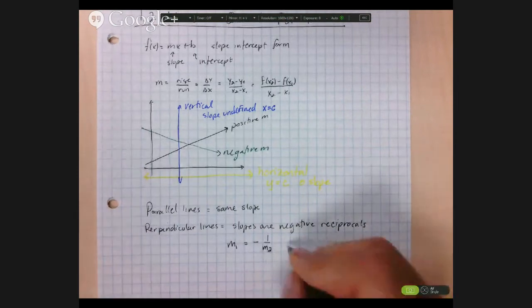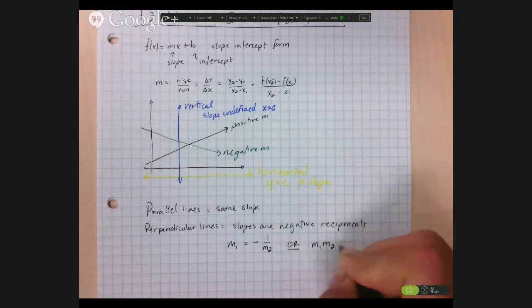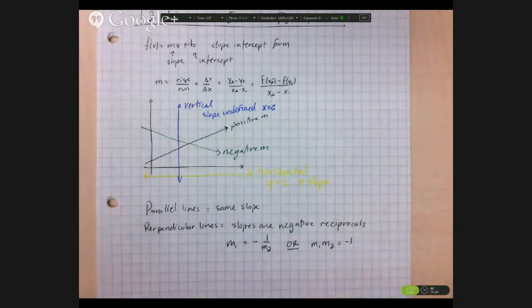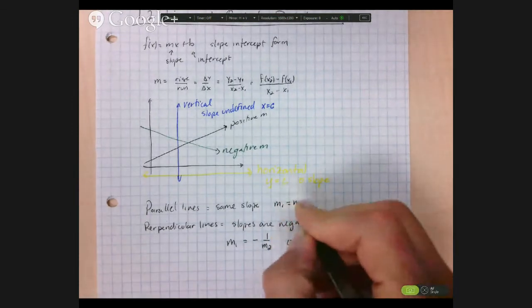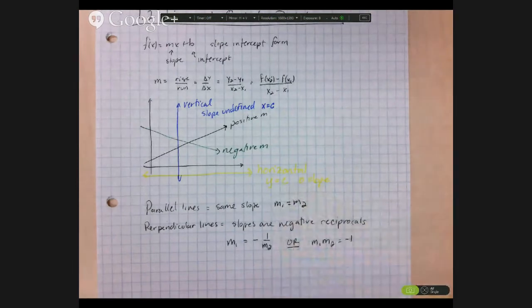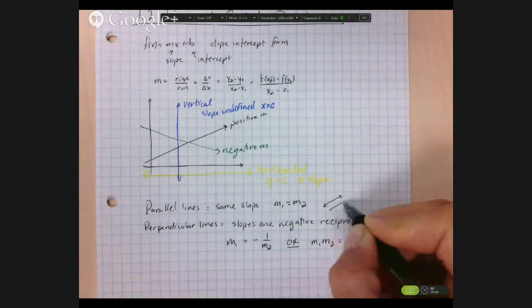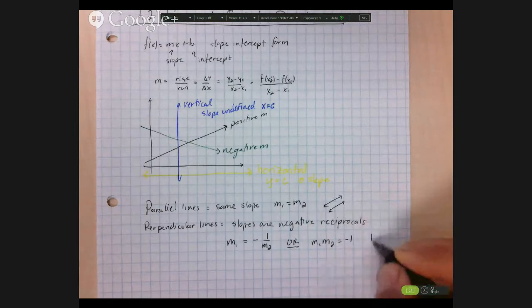It also can mean if you multiply them, you get -1. Okay. So either of those has to work. This one would just mean those two are equal. Okay. In pictures, parallel and perpendicular.